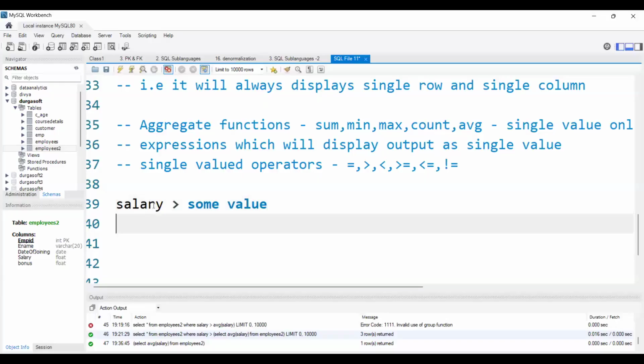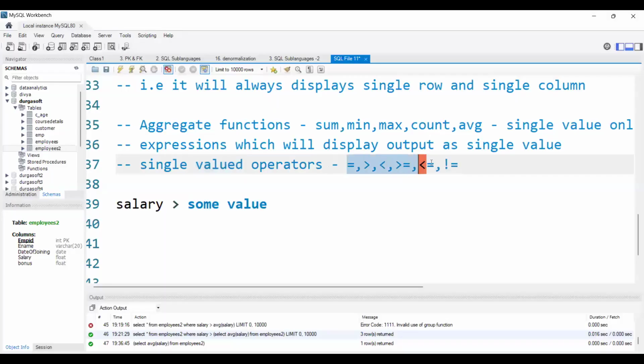In the same way, salary equals to some value, greater than some value, less than some value, greater than or equals to some value. Whenever we use all these operators, we talk about one single value only, correct? Basically, we will call these single valued operators or single row operators.